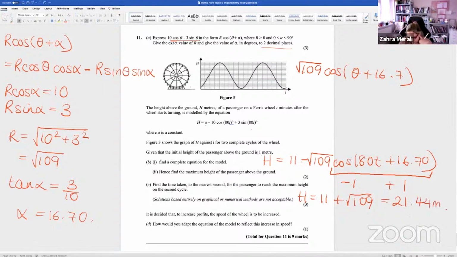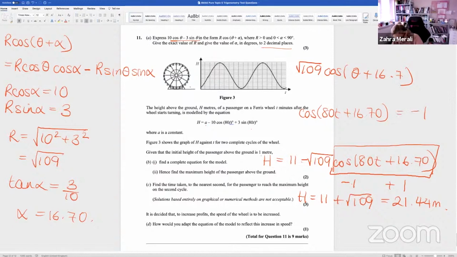Find the time taken to the nearest second for the passenger to reach the maximum height on the second cycle. So we said the maximum happened when all of this bit was equal to -1. So we're saying cos(80t plus 16.7) equals -1.